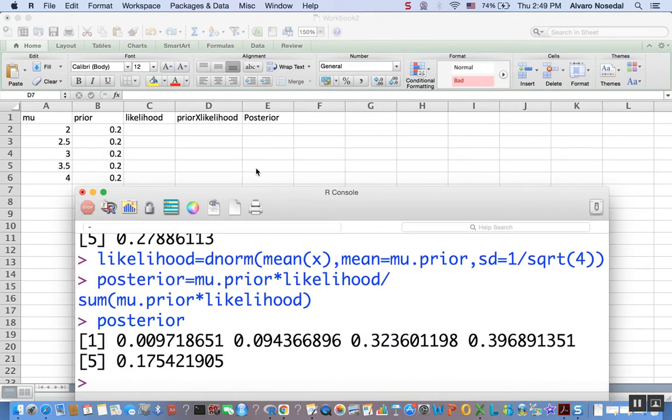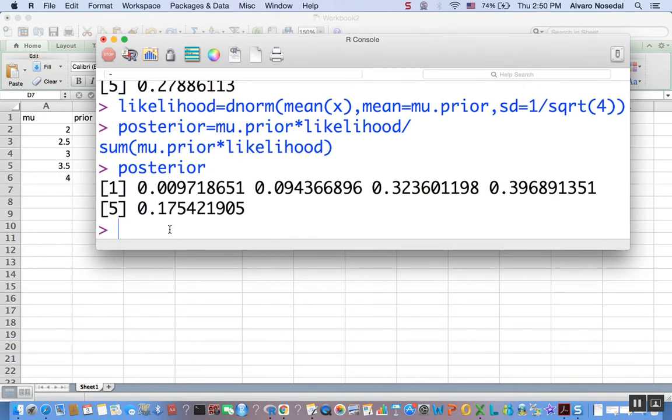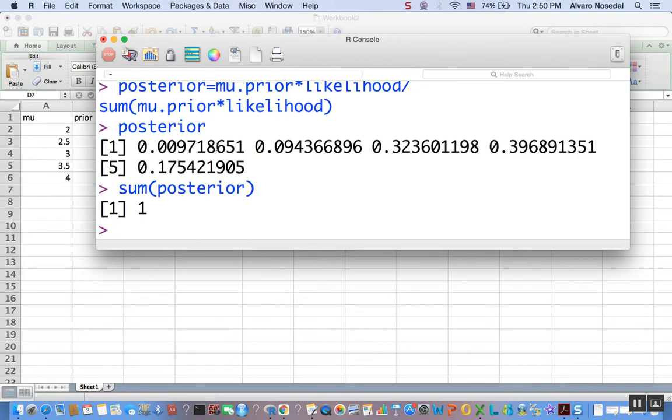That would be the last column. And we can check that it is a legit probability by computing the sum, it should be 1. It is 1, and each of those numbers is a number between 0 and 1. So it is a legit probability distribution. Okay, so that's just using R.